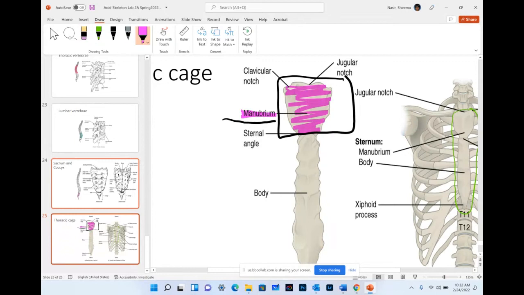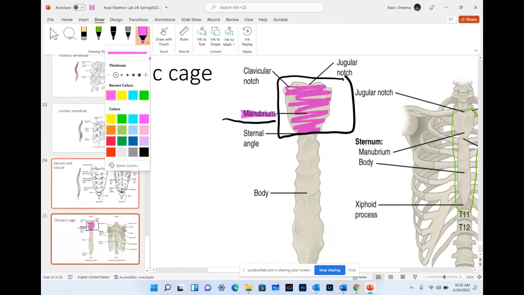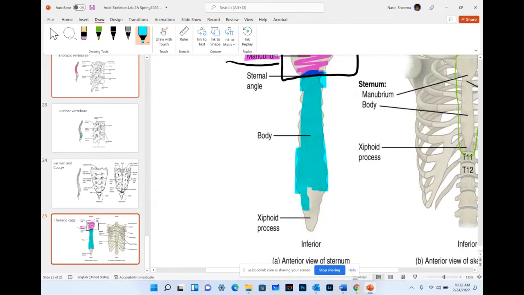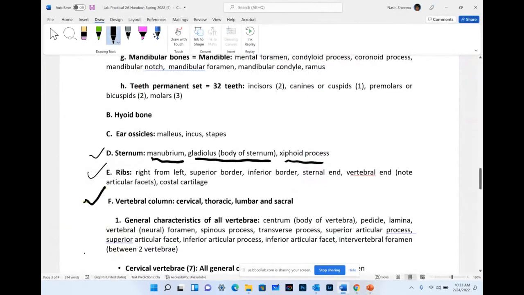The middle part is your gladiolus. So this is basically your gladiolus. Gladiolus can also be called body. So you can call it gladiolus or body. See right here, gladiolus and body, right over here, right?